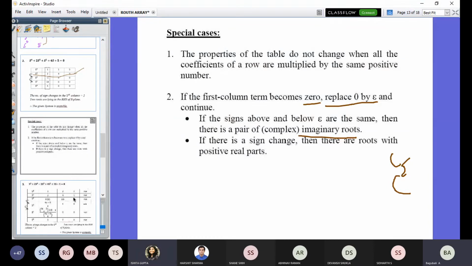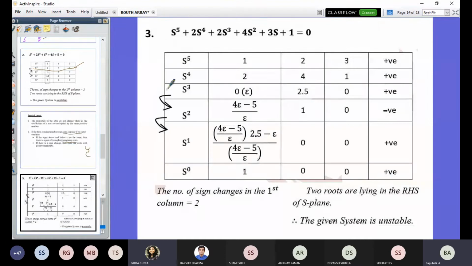No, sir. Okay dear, write down the problem: s power 5 plus 2s power 4 plus 2s cube plus 4s square plus 3s plus 1 equal to 0. Comment on the system stability for the given characteristic equation.